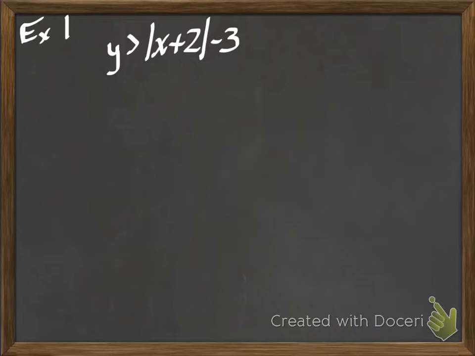First step, just like when we had an equal sign between them and we were solving absolute value equations, we've got to get the absolute value isolated. So we want this on the side by itself. I need to add 3 to both sides to accomplish that.